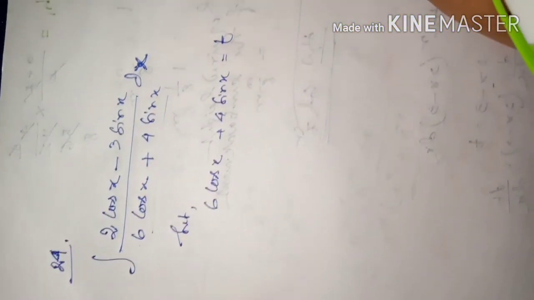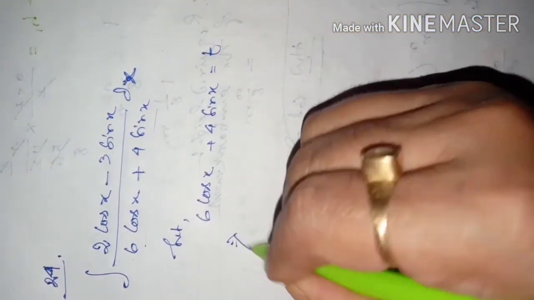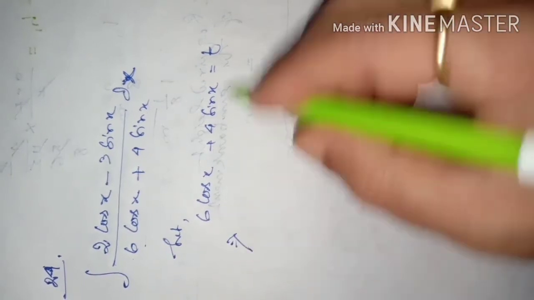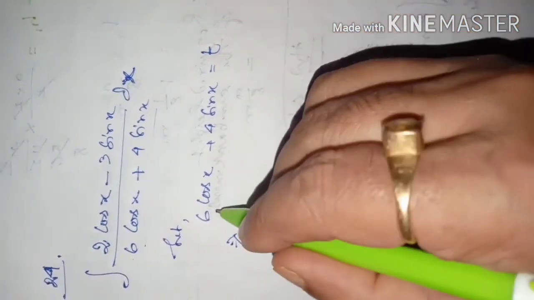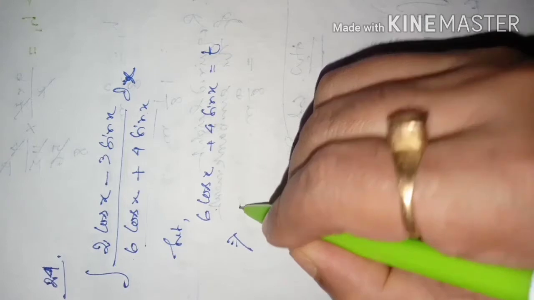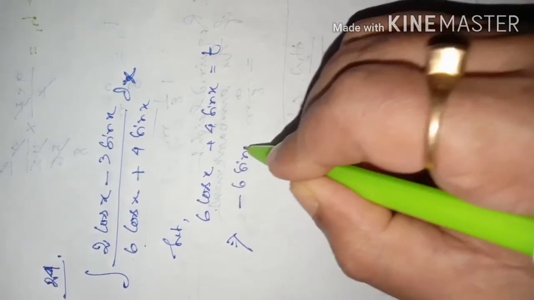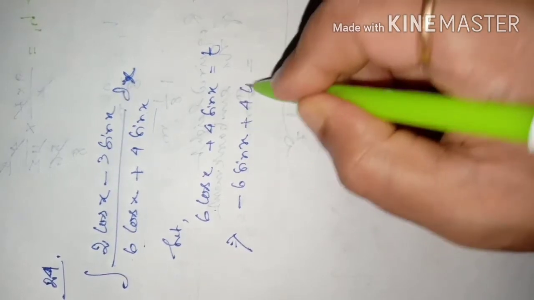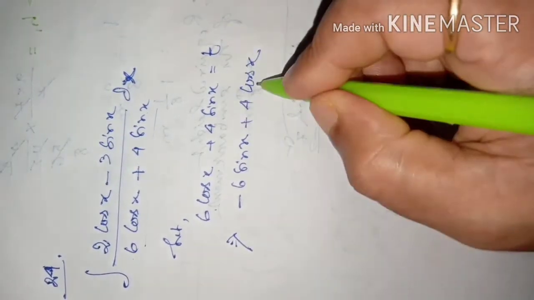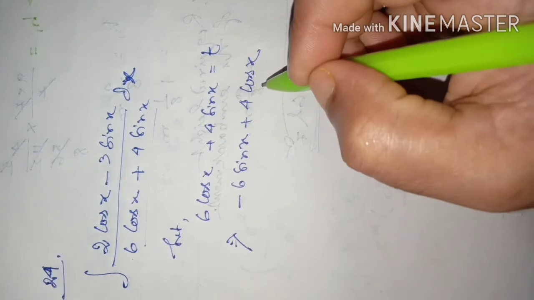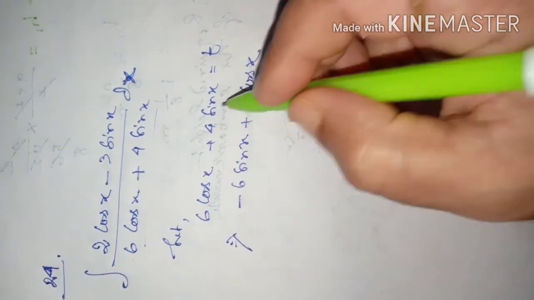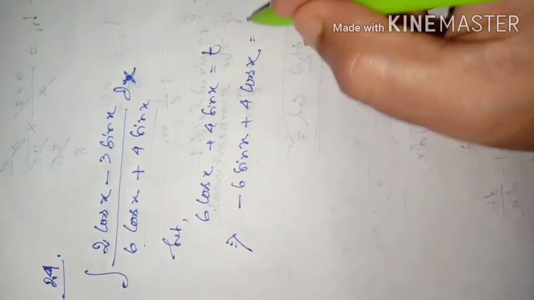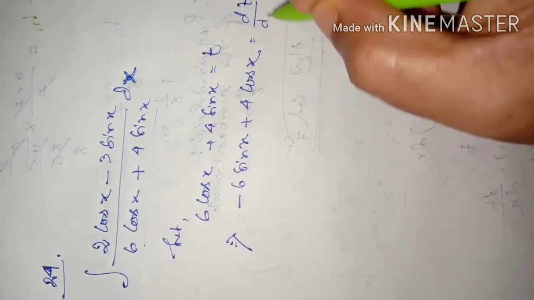Then, differentiating with respect to x, we will get here minus 6 sin x, because the derivative of cos x is minus sin x, plus 4 cos x, because the derivative of sin x is cos x, and then it will be dt over dx.